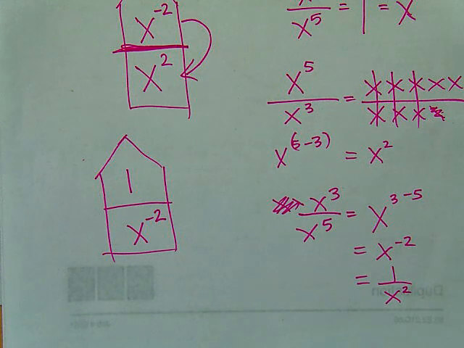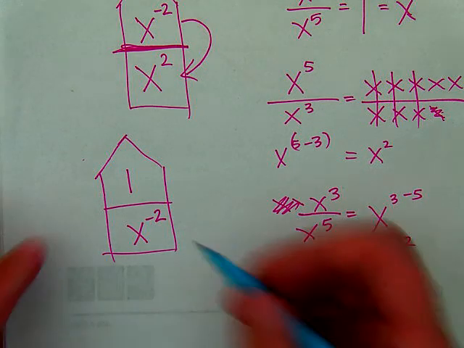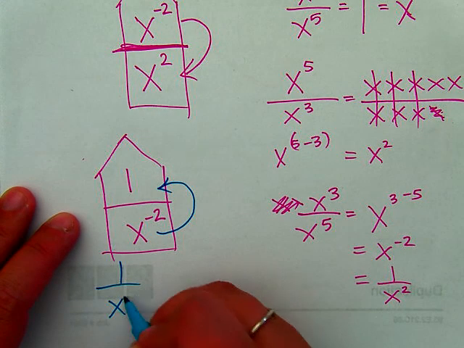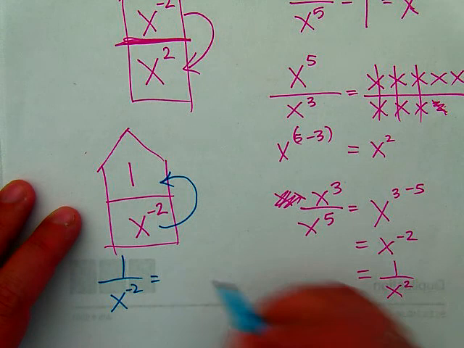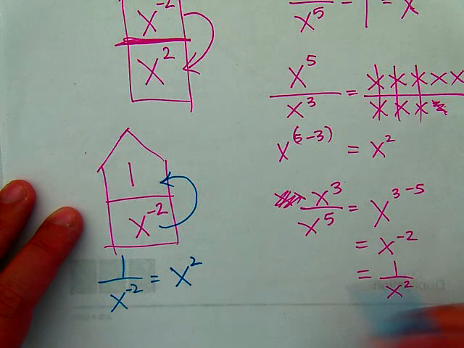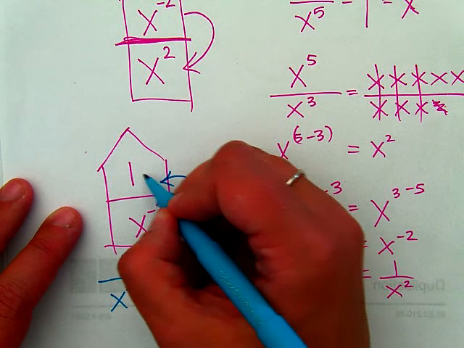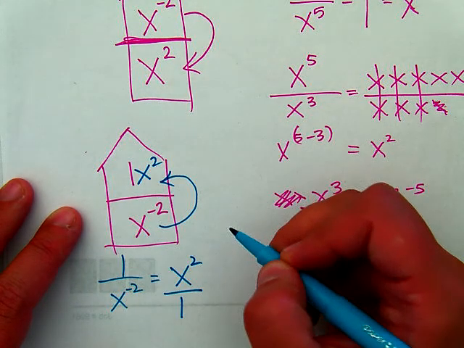Anytime I have a negative exponent, it has nothing to do with the sign of the number. I flip it. So once it goes upstairs, 1 over x to the -2 is going to become x squared. If you want, you could put over 1. So once you move him upstairs, he's positive.